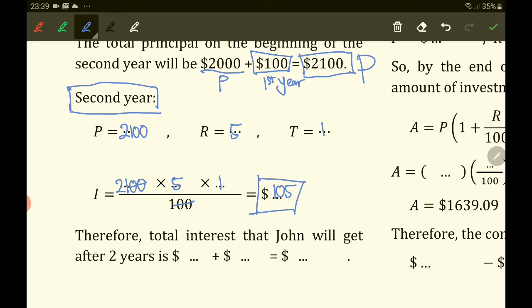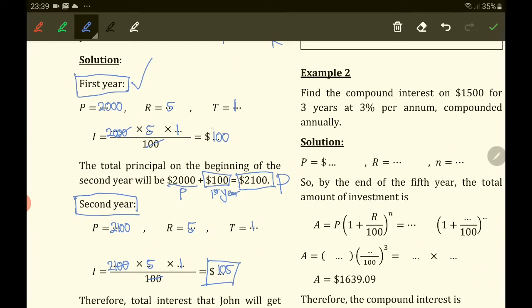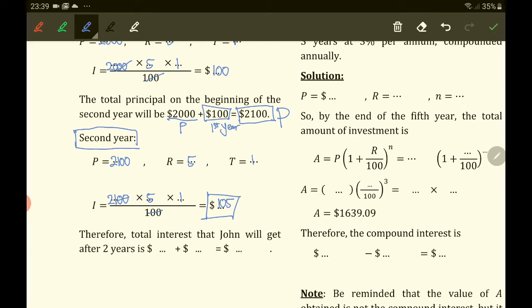So this is the interest for the second year. In the first year John has $100 extra money, and in the second year John has $105 extra money. When I talk about extra money, it means the interest.